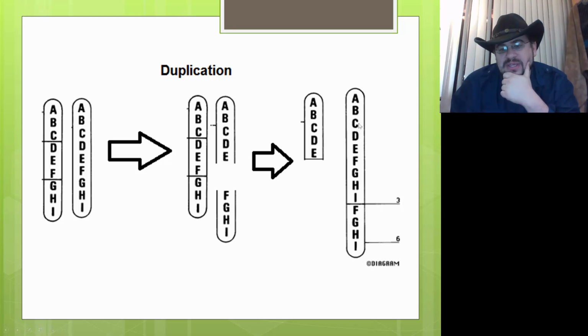Now we have ABCDEFGHI, and then a duplication of FGHI. So the first sister chromatid in this pair had it deleted, and it bound to the next sister chromatid. And so that resulted in a duplication of genes. We've doubled up the particular genes.